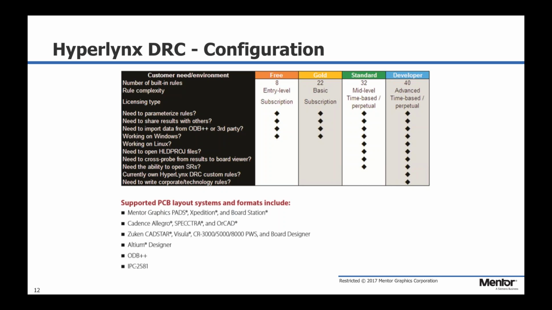There's an e-commerce website where you can purchase a gold version, which contains 22 basic error checks, and also the standard 32, or even the developer license. Like we spoke about earlier, being able to develop your own rules and write your own scripts to write custom rules for your designs.